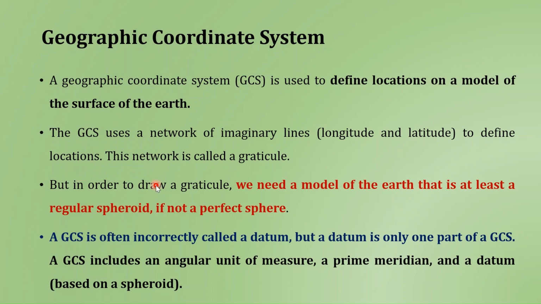But in order to draw these lines, we need a model of the earth that is at least a regular spheroid, if not a perfect sphere. And sometimes we incorrectly call this GCS a datum, but a datum is only one part of a GCS. So geographic coordinate system includes the angular unit of measure, a prime meridian, and the datum, which is based on a spheroid.